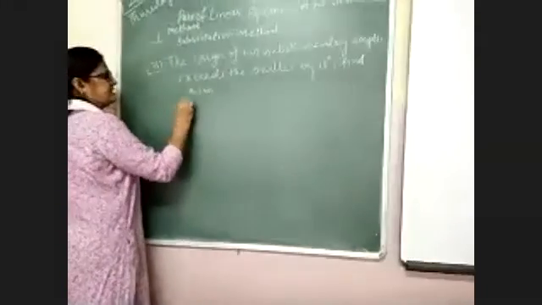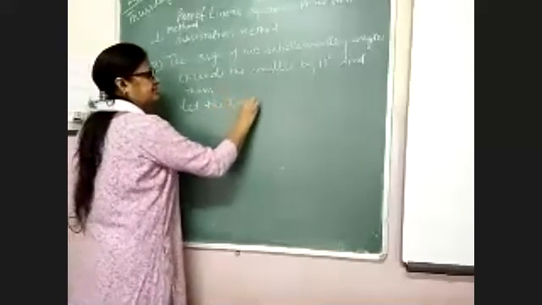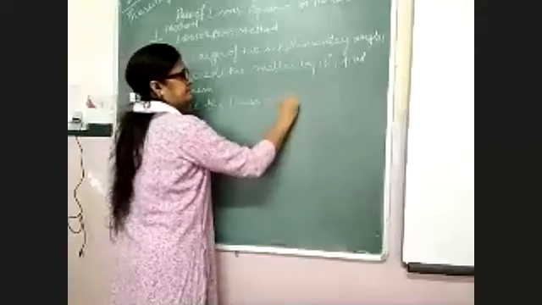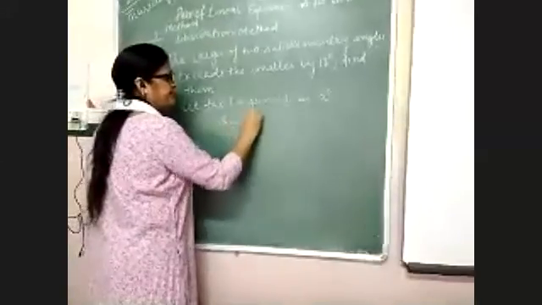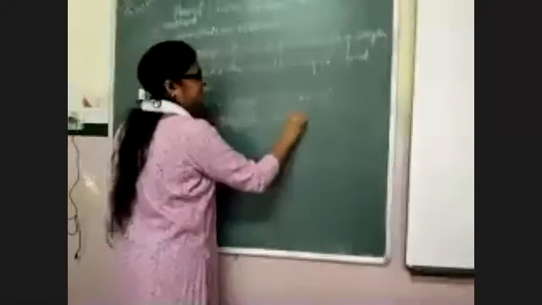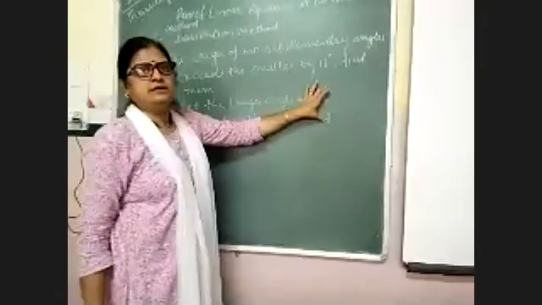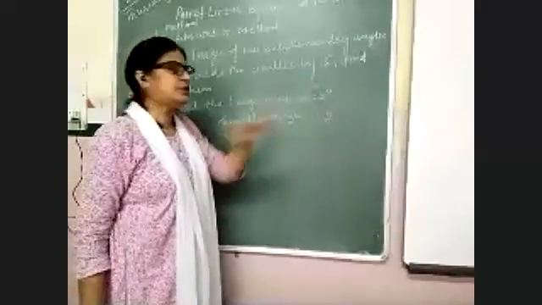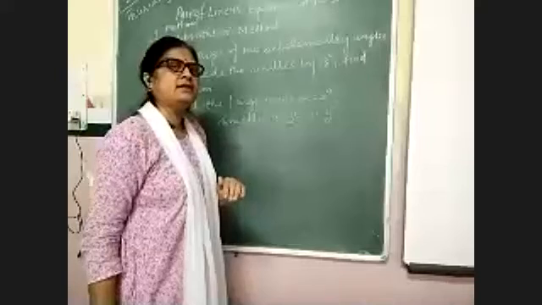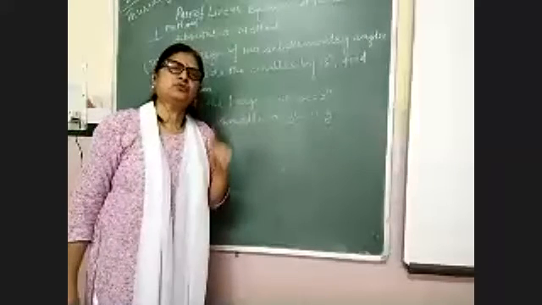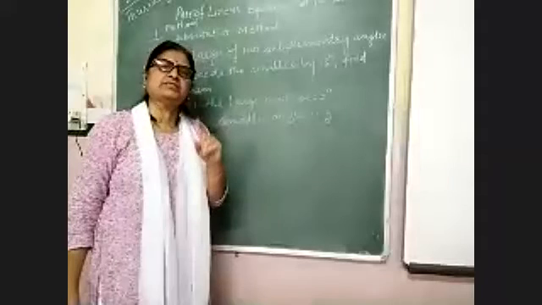So let the larger angle be x degree and the smaller angle be y degree, and both are supplementary angles. When the sum of a pair of two angles is equal to 180 degree, they are called supplementary angles, and complementary angles are those angles whose sum is equal to 90 degree.